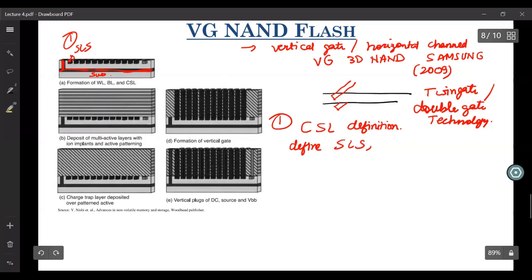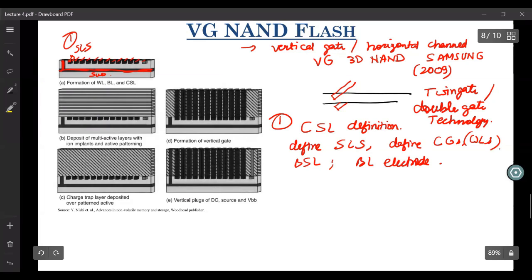Then you define your different word lines or your different control gates like this. So you define control gates or word lines, whatever you call it. Then the bit select line electrode, and then your bit line electrode as well. So you define these here.